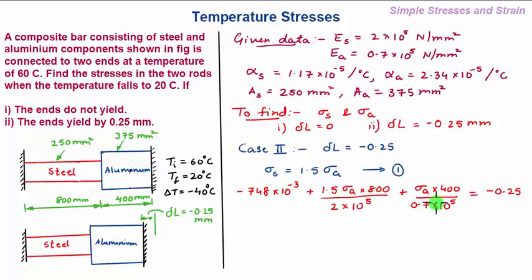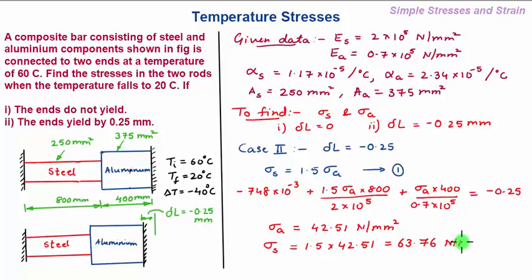So again here upon solving we get the value of sigma A as 42.51 Newton per mm square, and upon substituting the value of sigma A in this equation we get the value of corresponding tensile stress on steel bar as 1.5 into 42.51, and this is equal to 63.76 Newton per mm square.